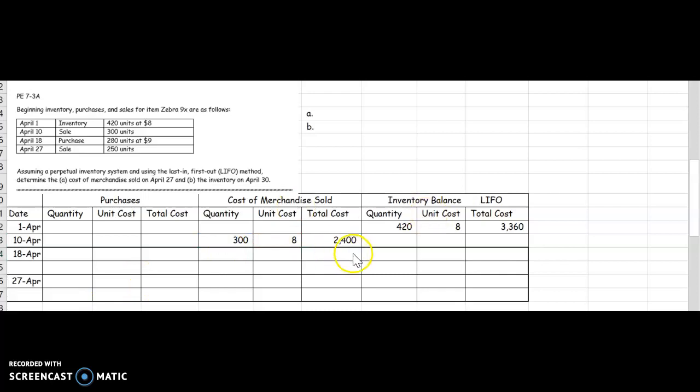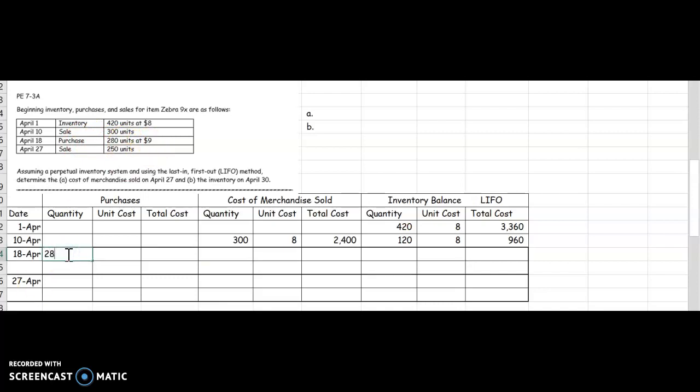Now my new ending inventory balance is I started off with 420 and then I sold 300, so I only have 120 left at a cost of 8, so 120 times 8. Ending inventory is 960.